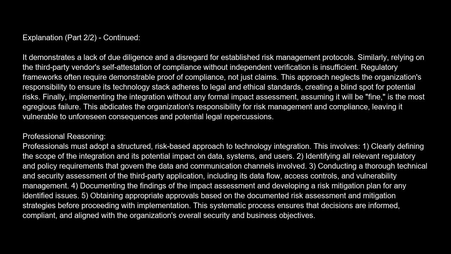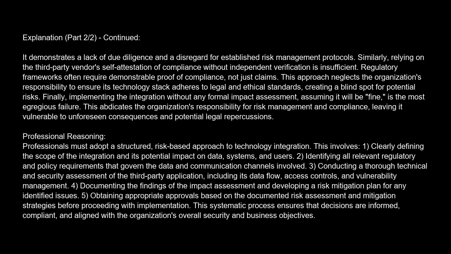This involves: 1. Clearly defining the scope of the integration and its potential impact on data, systems, and users. 2. Identifying all relevant regulatory and policy requirements that govern the data and communication channels involved. 3. Conducting a thorough technical and security assessment of the third-party application, including its data flow, access controls, and vulnerability management. 4.